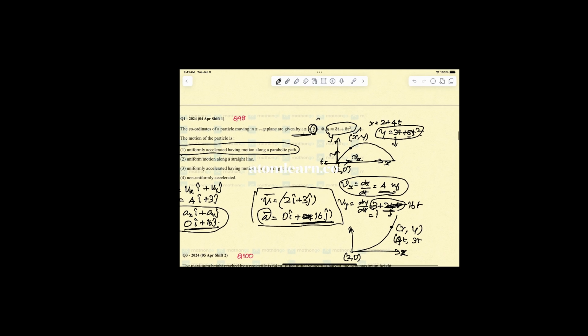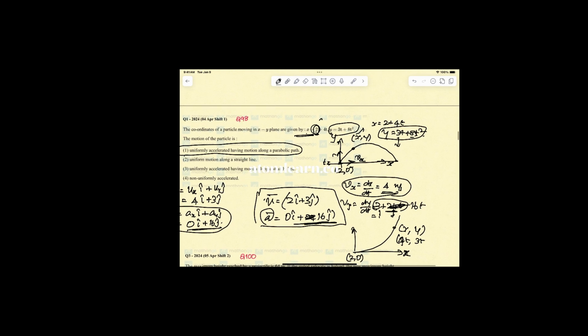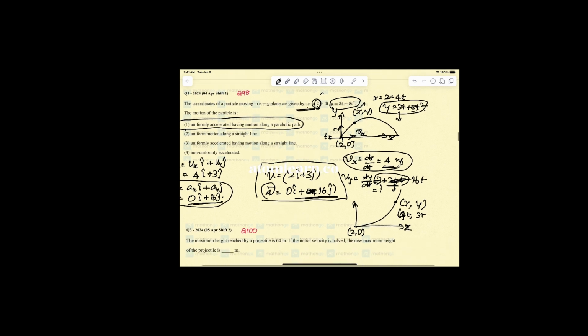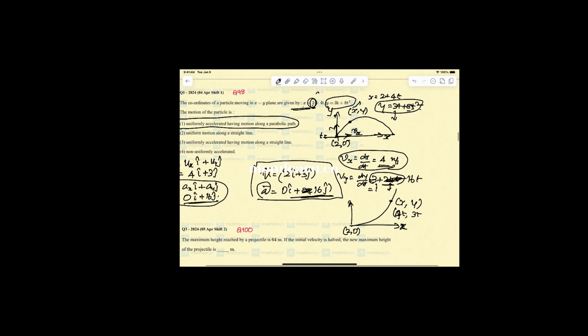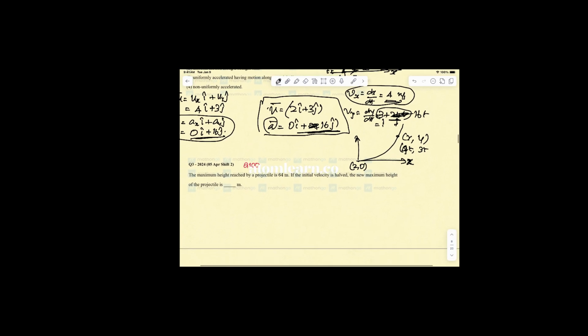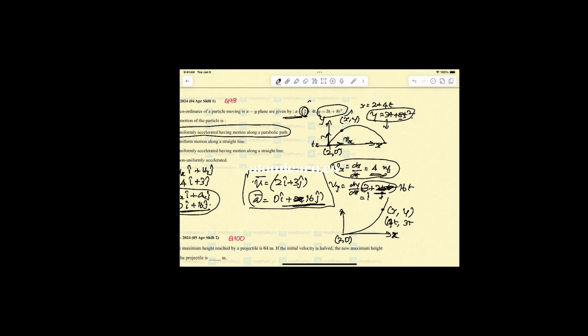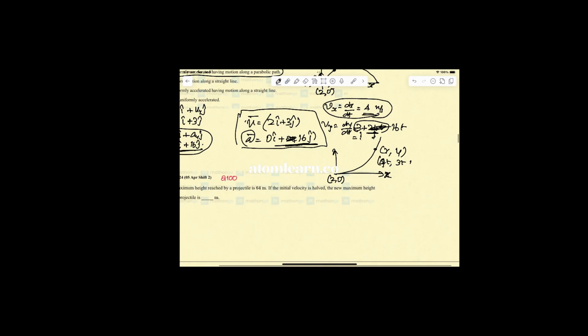Since x is given by 2 plus 4t, the variable part is 4t, and the y value is given by 3t plus 8t squared. This is the curve. Therefore, the curve shape is going to be upward, concave upwards.